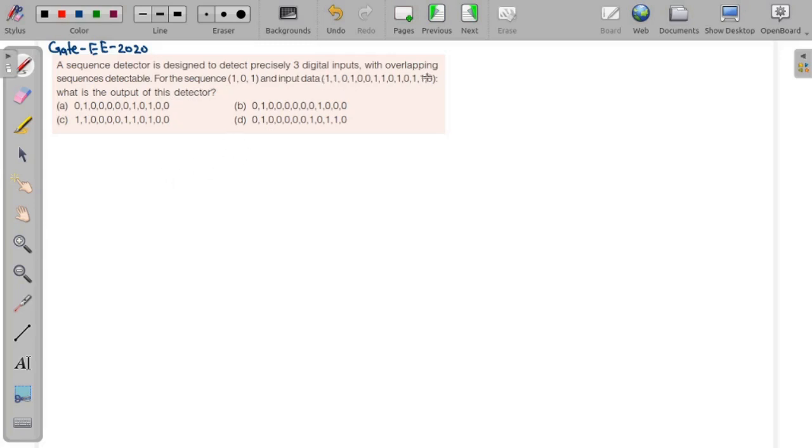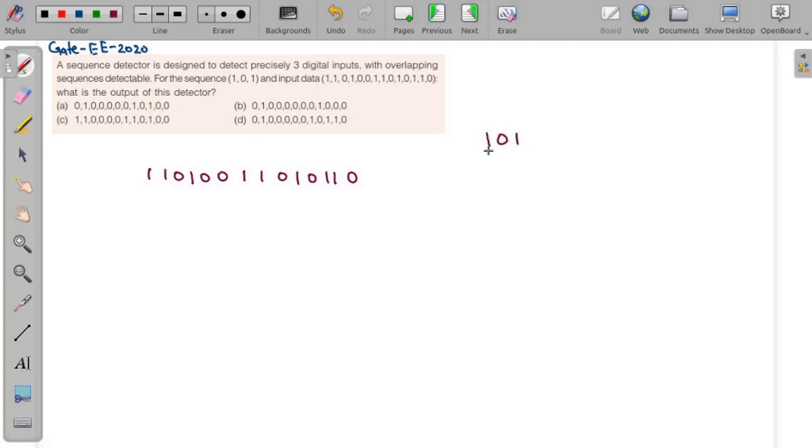First let me copy down the input data: 1 1 0 1 0 0 1 1 0 1 0 1 1 0. The sequence detector is detecting 1 0 1.